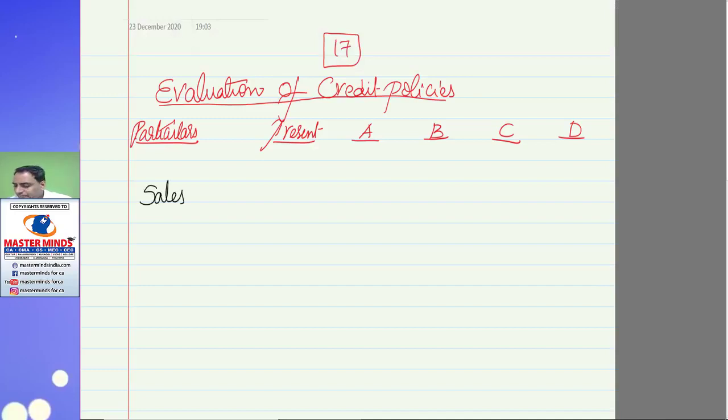Sales: 6 lakhs, then 30,000 extra, 6 lakh 30,000; 48,000, 6 lakh 48,000; 6 lakh 75,000; 6 lakh 90,000.